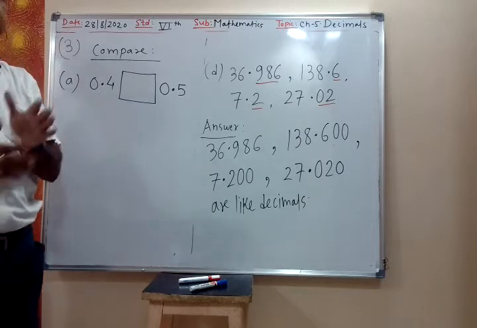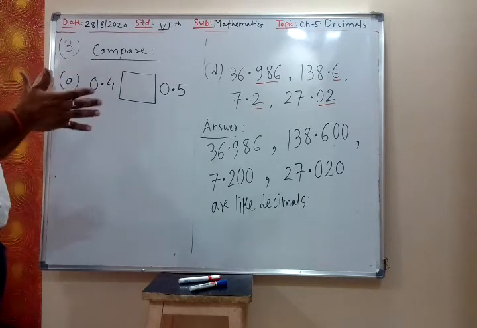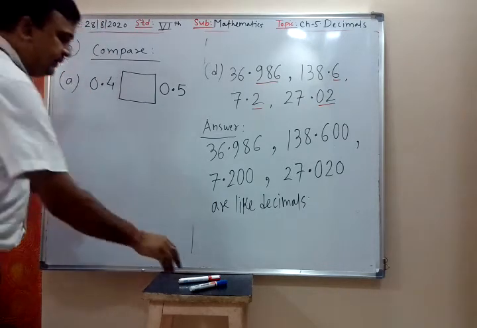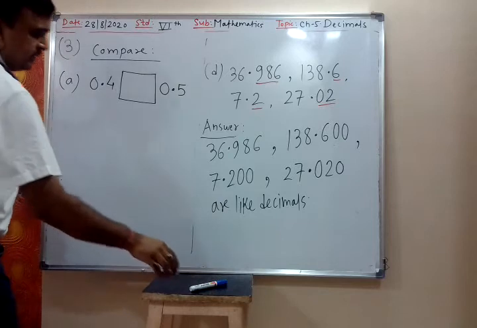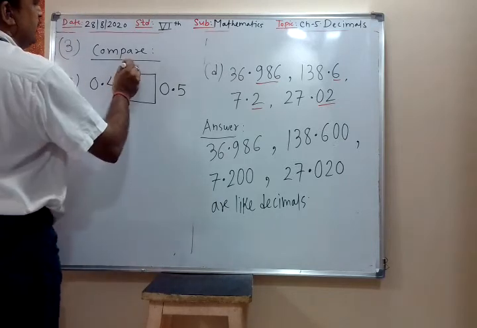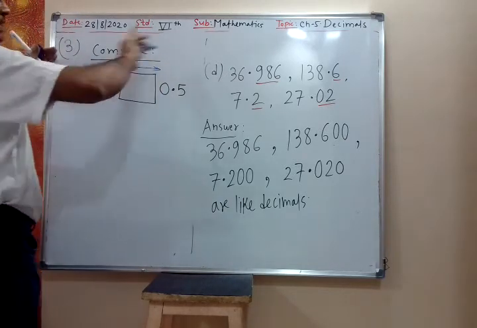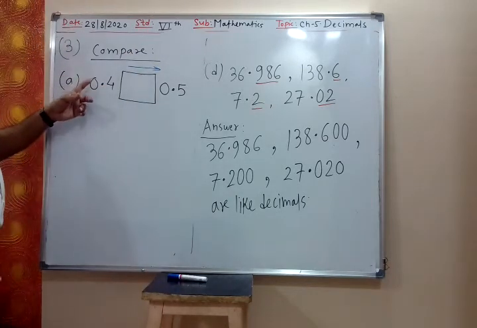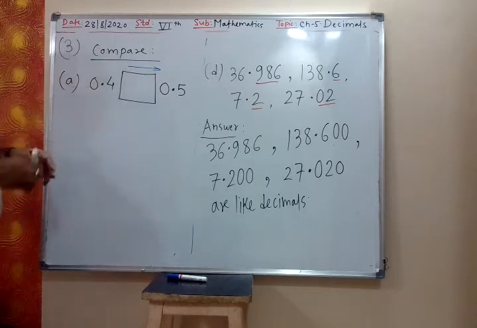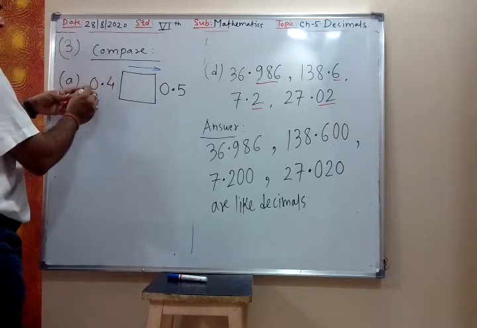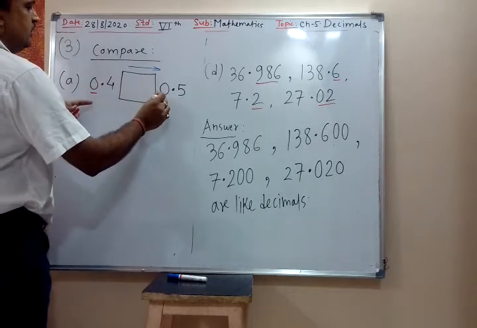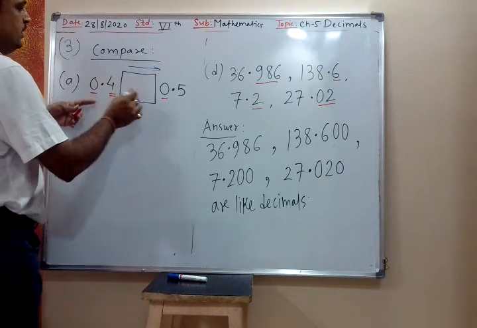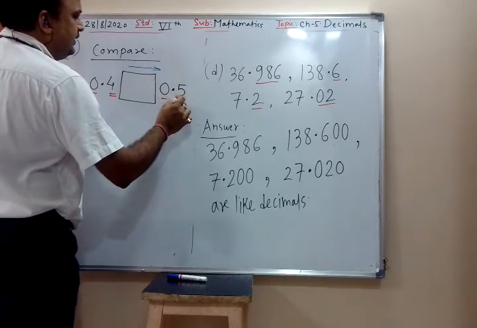Always remember that you start comparing the numbers from left to right. So now see here. 0 is the same as 0, the whole part. Now after the decimal it is 4, and it is 5.